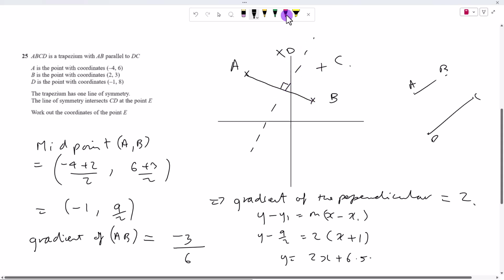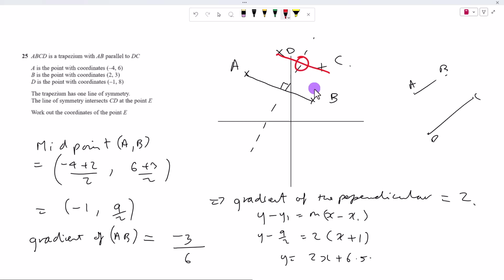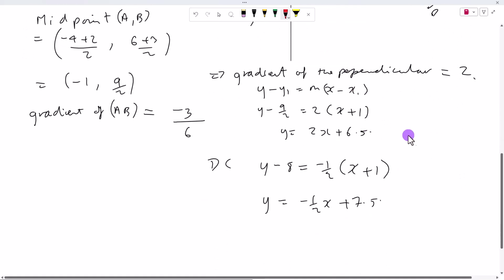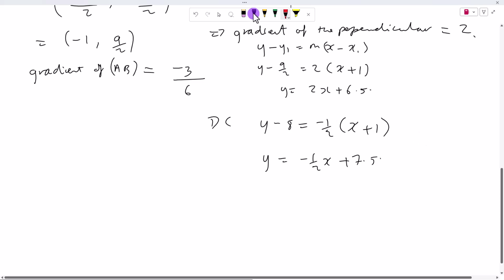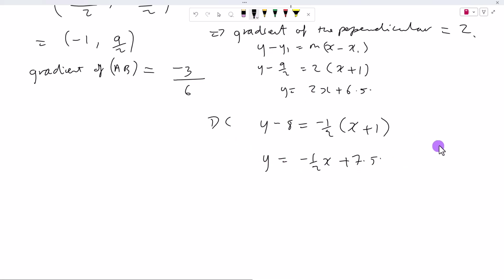And I've got my equation of this line, so I can find out where this line will intersect this line. So let's solve this to find out where these two lines intersect, and then double the distance D to this point will give me DC. So we get 2x plus 6.5 will equal -1/2 x plus 7.5.